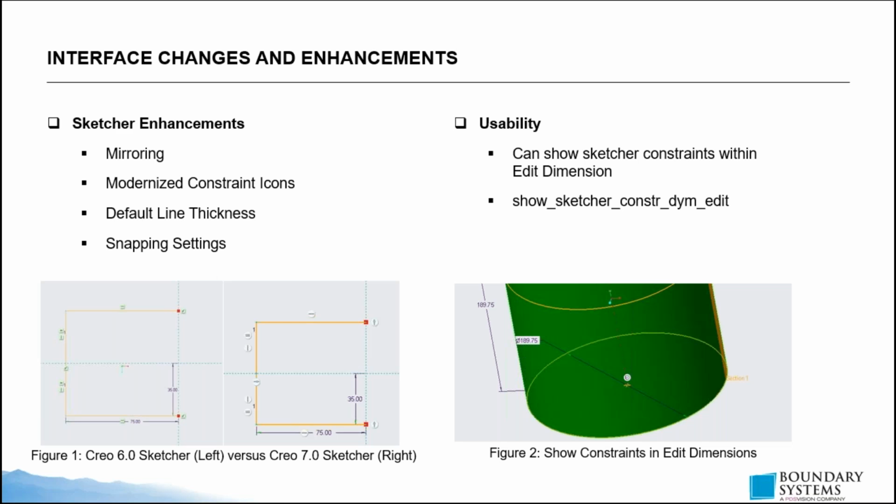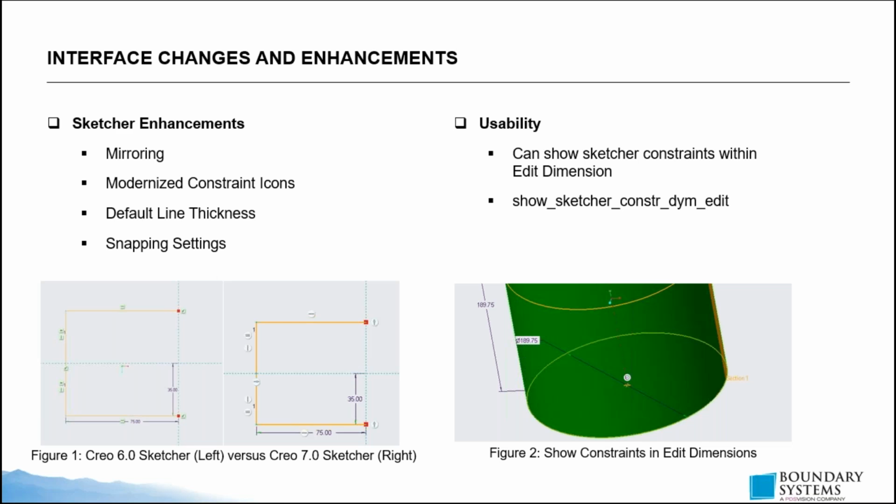So when it comes to Sketcher changes, some of the things that have been enhanced, number one is mirroring functionality inside of Sketcher. Historically, you could only mirror across the center line, but now in Creo 7, you can mirror across any linear entity that you already have in your sketch.